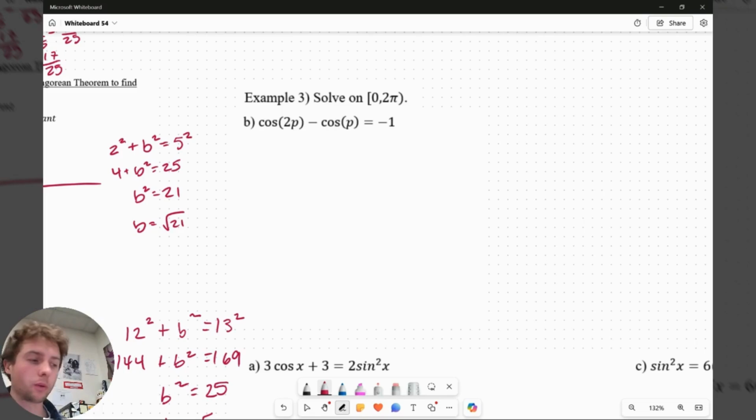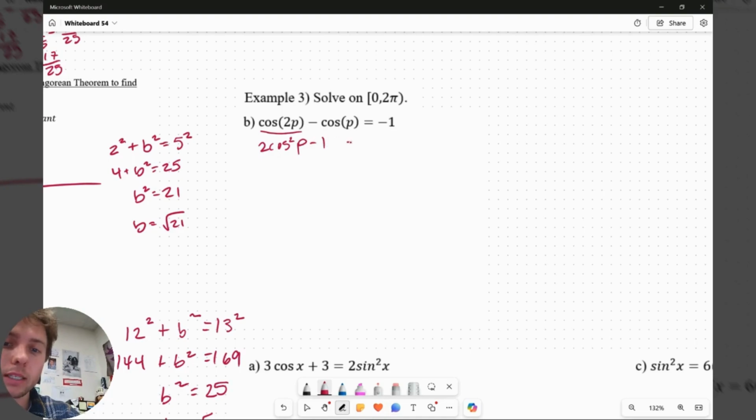For example, you could change it to any of the 3 forms, but one thing I know in this case is we have cosine in this problem. So I'm going to try and leave it as just cosine values on this problem. So for example, I'm going to change cosine 2p in this case to 2 cosine squared p minus 1.